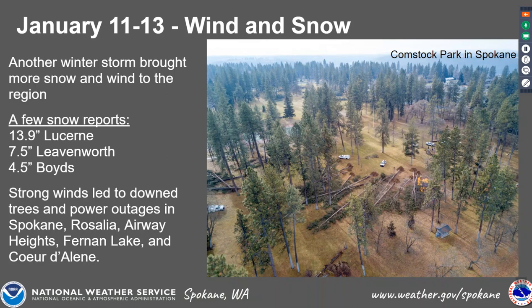And then the winds came and anything that didn't have deep roots with saturated soils, the trees blew down. So that's a picture, a part of Comstock Park in Spokane with all the trees that were lost. I think there were something like 100 trees lost. It was a lot, but it wasn't just Spokane.